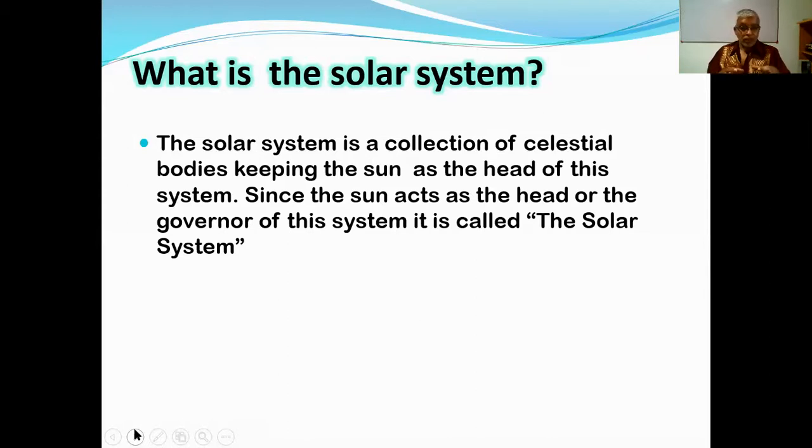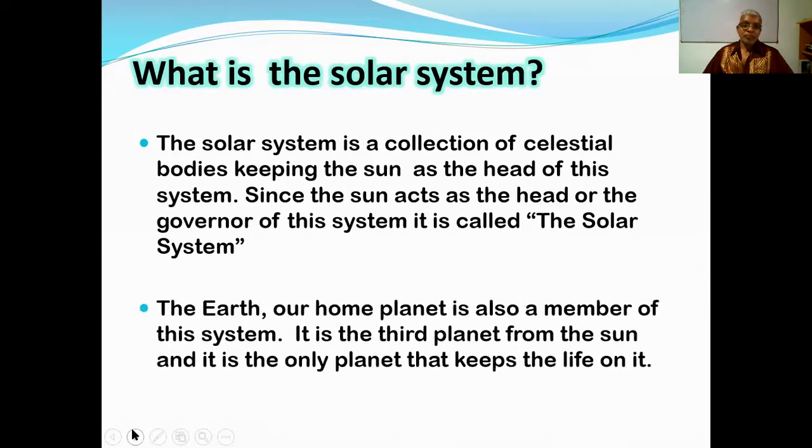Therefore, the sun, the head of the solar system, has the power to do that because it is a star. Now you can understand the solar system is a collection of celestial bodies keeping the sun as the head of the system. Since the sun acts as the head or governor of the system, it is called the solar system, with the idea of a sun system.